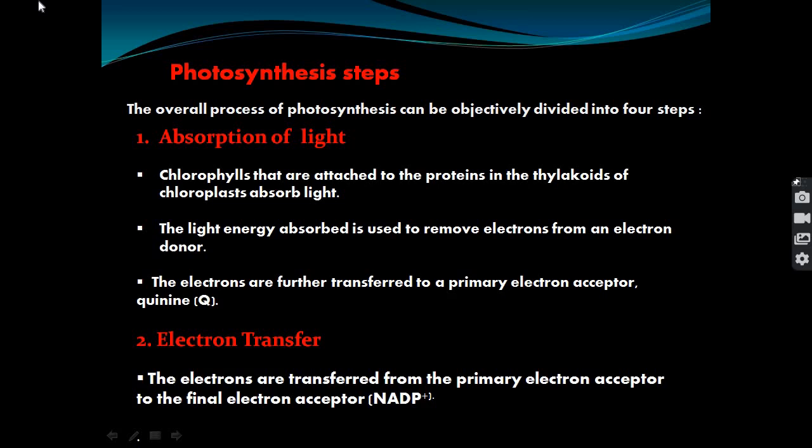The second step is electron transfer. In the previous step I told you the electron is moved to the primary electron acceptor. This electron is transferred from the primary electron acceptor to the final electron acceptor called NADPH.